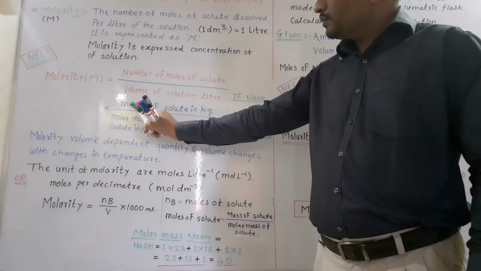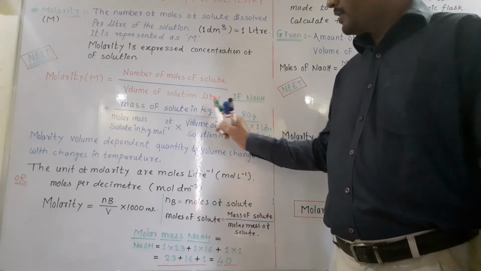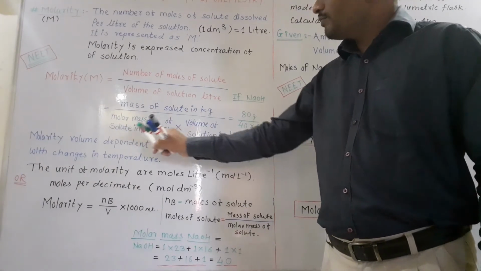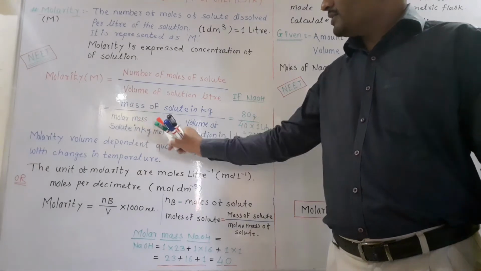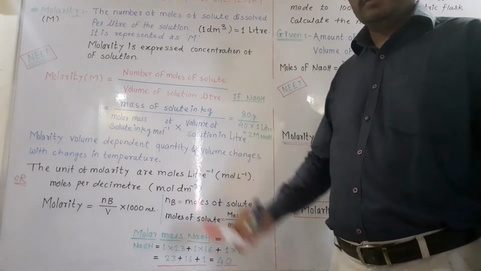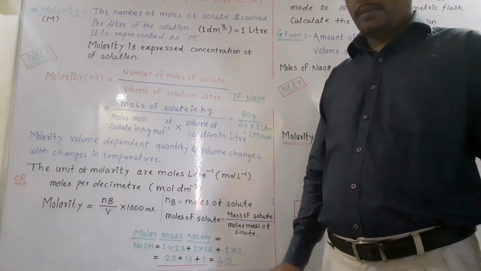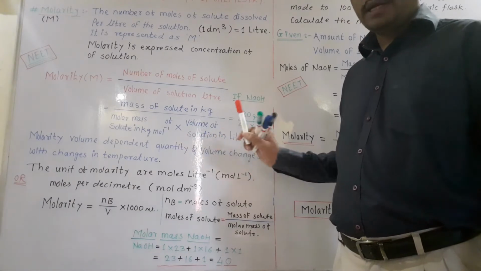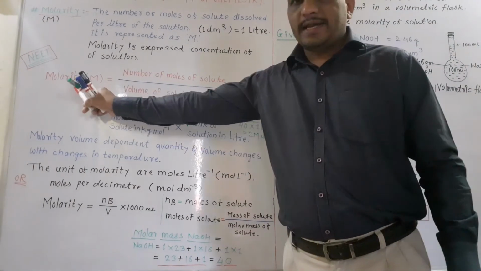So molarity is mass of solute in kg divided by molar mass of solute in kg per mole, multiplied by volume of solution in liter.